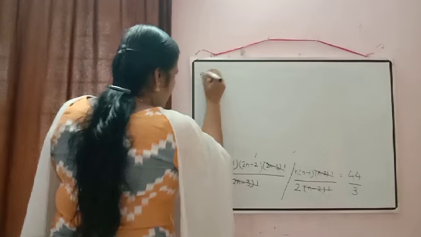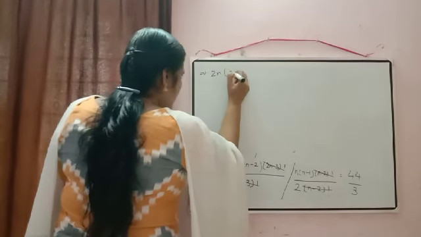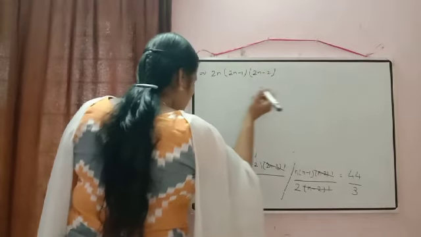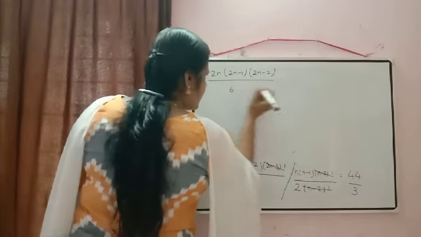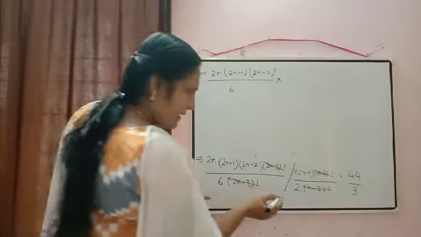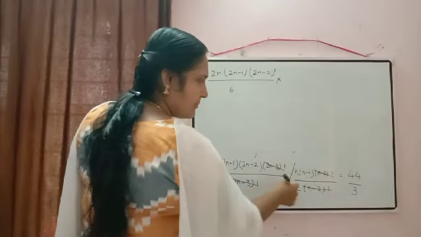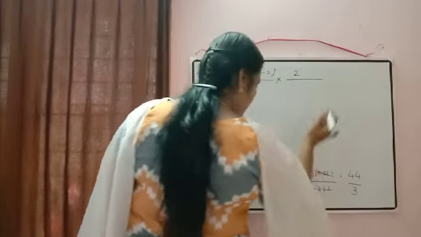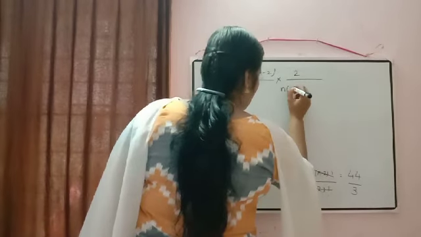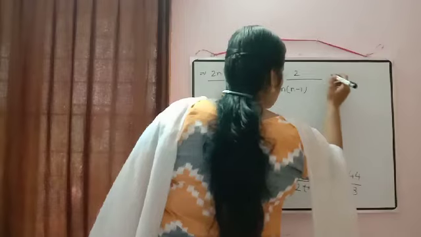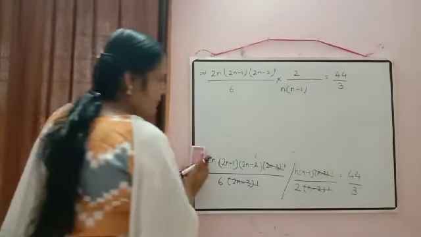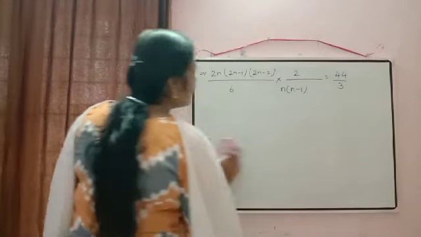Then it will be 2n into 2n minus 1 into 2n minus 2 by 6, into 2 by n into n minus 1, is equal to 44/3.